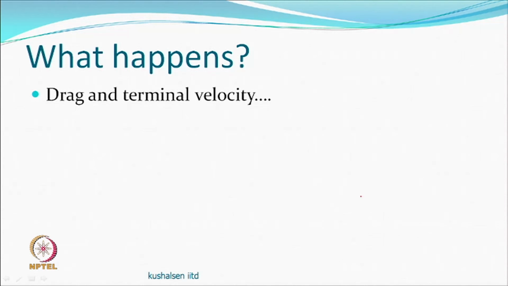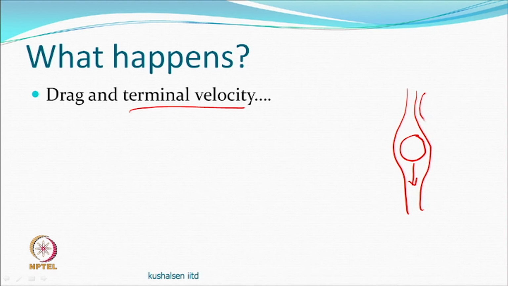Why this is important is there is a term which is terminal velocity. If this is a ball which wants to go down, let us say, there are streams all around the ball as it keeps moving.